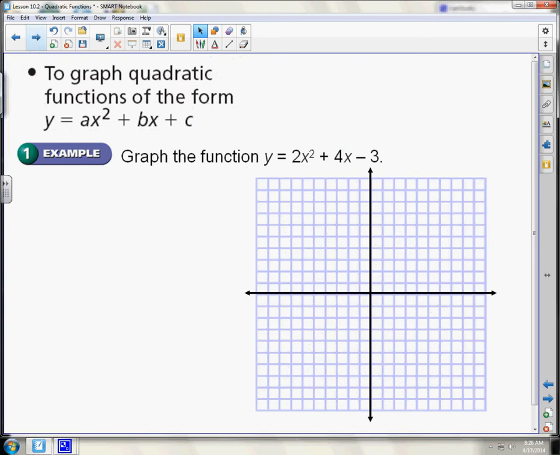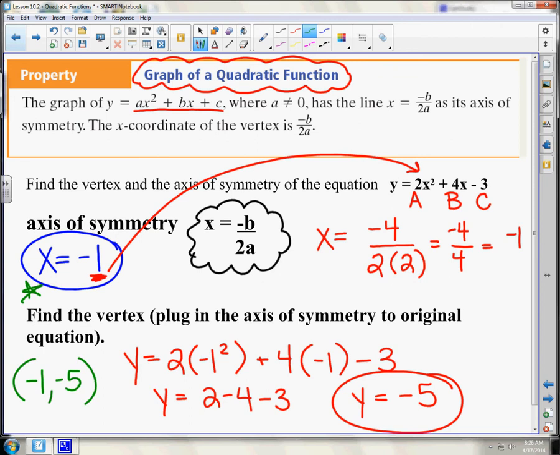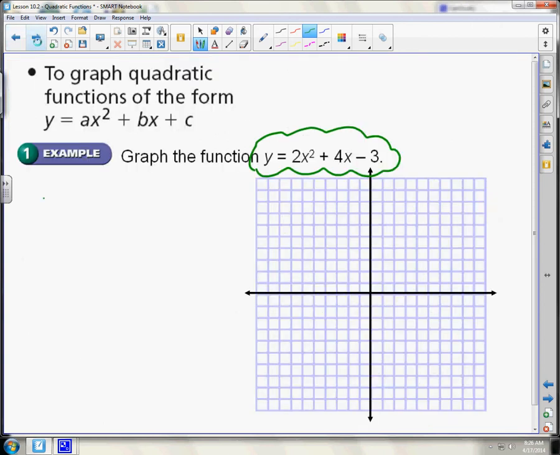Okay, so how this comes in handy is when they ask you to graph a function, you don't have to make the table and fill in all the values. So this is the same function that we just did in that last problem. And so if I go back, I know that my axis of symmetry was x equals negative 1, and my vertex was negative 1, negative 5. So I can graph these, okay?